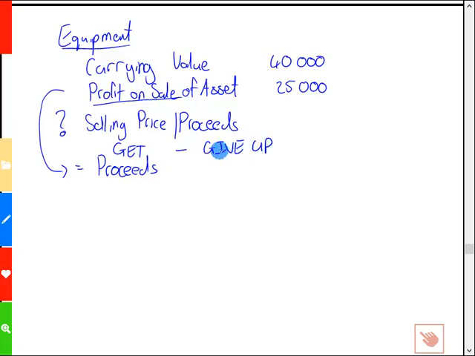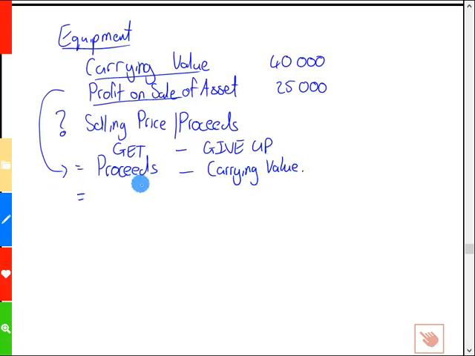If you buy a Coke for 8 Rand and you sell it for 10 Rand, you're giving up 8 Rand, that Coke is worth 8 Rand, but you're getting 10 Rand. That's the proceeds minus what you're giving up. The giving up value for a fixed asset is the carrying value, because it depreciates every year. That's why we need to use the carrying value, not the original purchase price. So we're going to give up the carrying value or the book value.